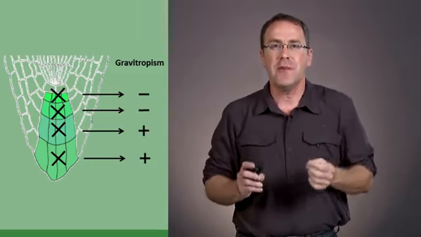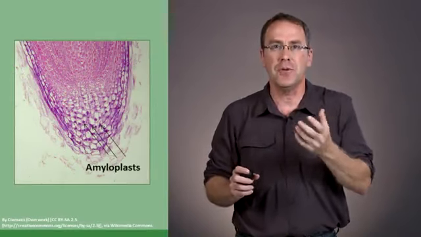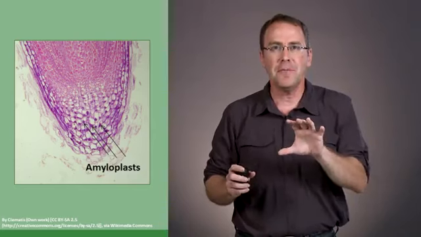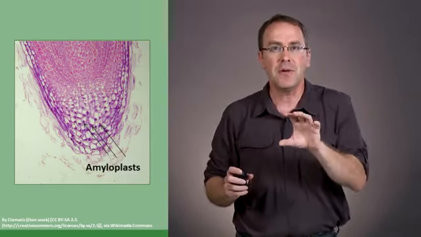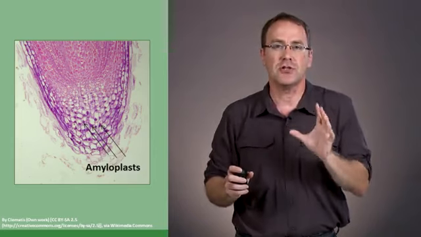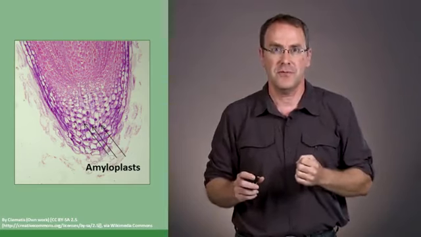If you look at it with a microscope, what we see is that these cells contain specific organelles, specific subcellular structures, which are called amyloplasts. Amyloplasts are similar to chloroplasts, except that amyloplasts contain starch. They don't do photosynthesis, they accumulate starch.